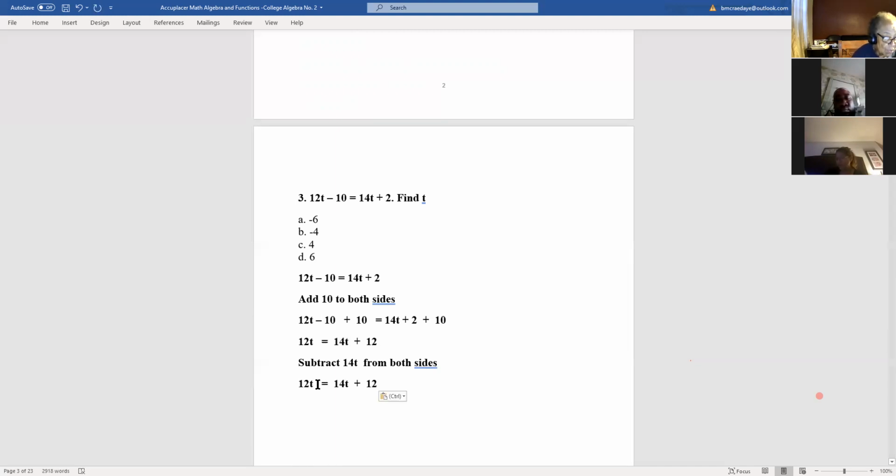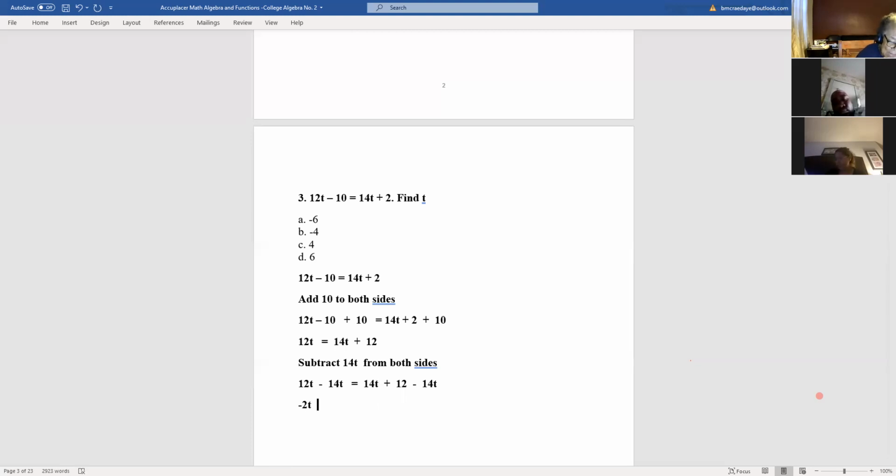Okay, so we're going to subtract 14t from both sides and do it on the right side. Minus 14t. Now, what do we have left on the left side, Latoya? What's a plus 12t and a minus 14t? Minus 2t. Right, excellent. Minus 2t.